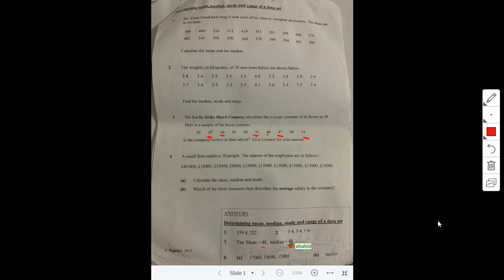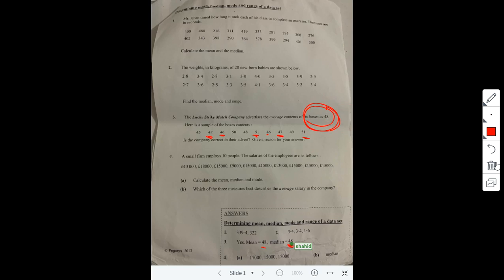You don't have to separately count them, but ultimately what you want is 48, because here they are asking for it to be 48. Whichever of the averages has the value 48, you have to write that in the answer: yes, mean and median are equal to 48.